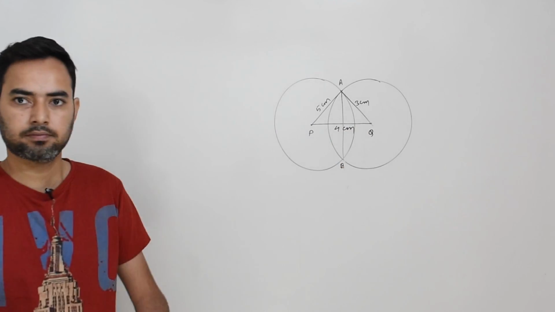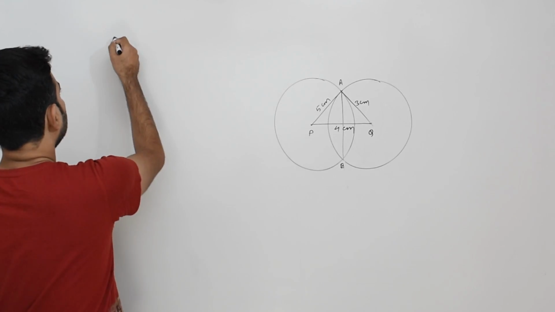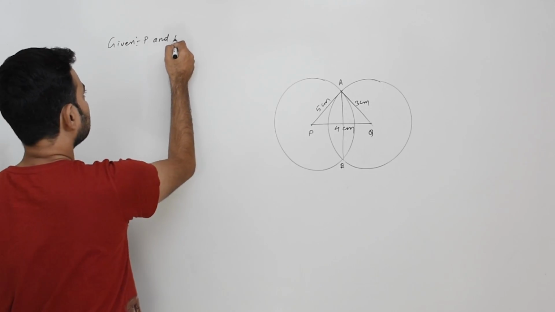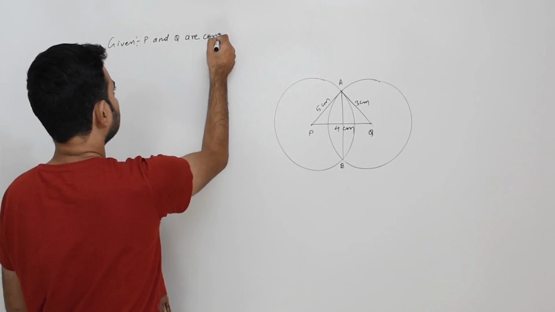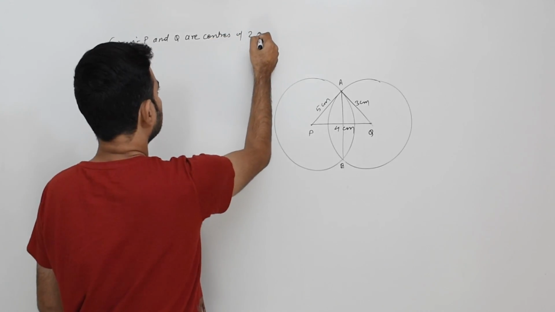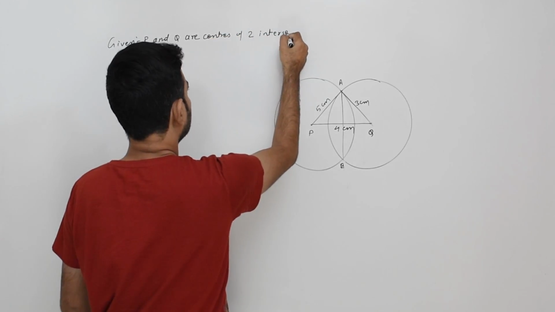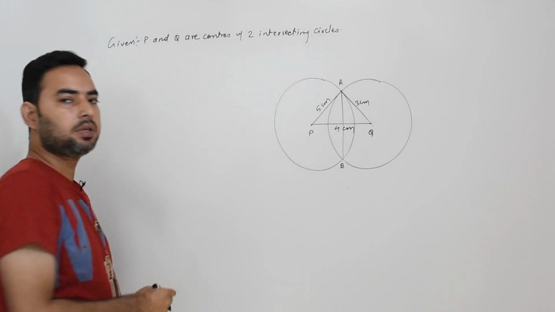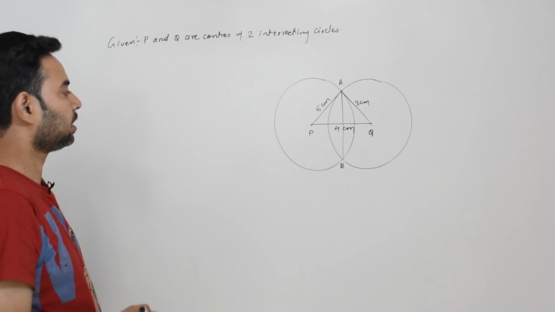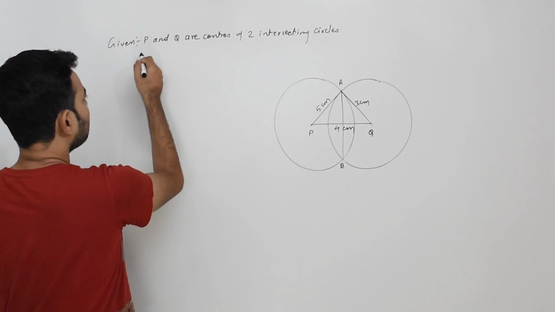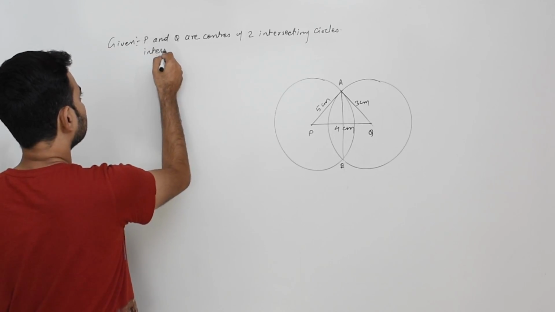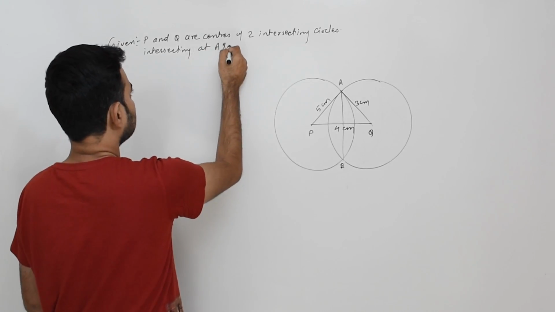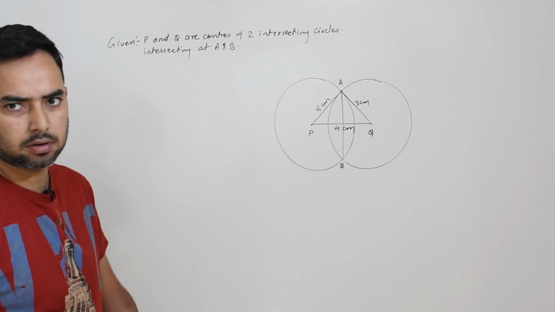How to find out? Given: P and Q are centers of two intersecting circles, intersecting at A and B. It means that AB is a common chord.